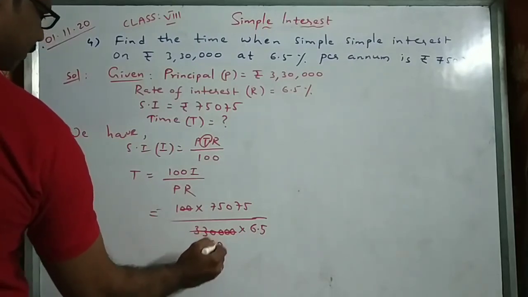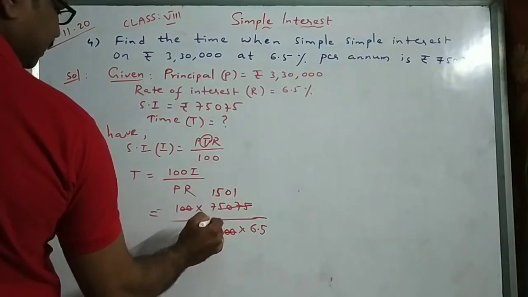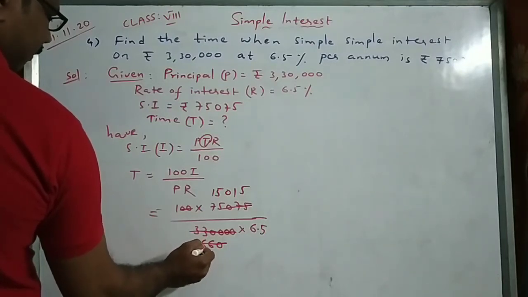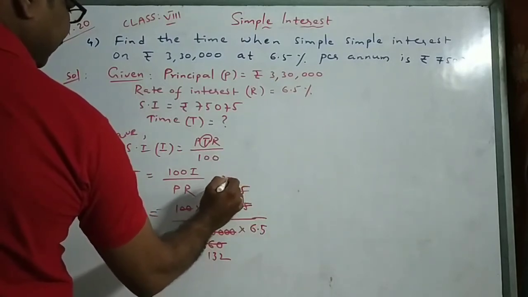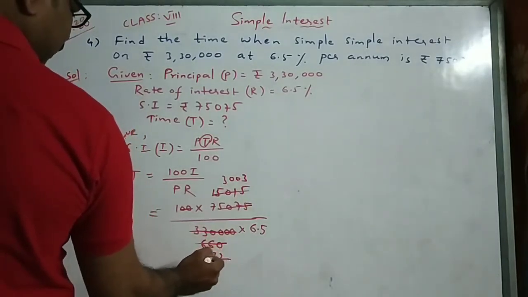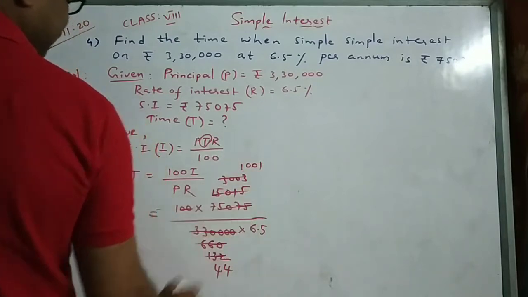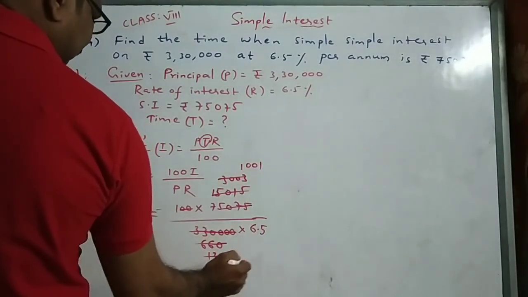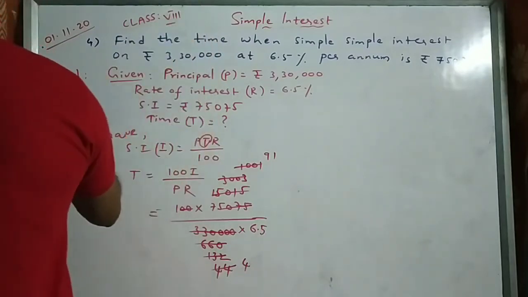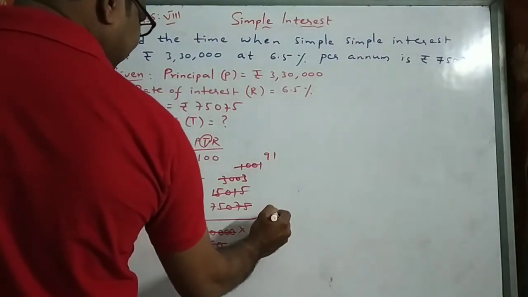Then 5 ones, 5 fives, again 5 ones, 5 fives. 5 threes 15. 3 fours 12, 3 ones. 11 fours are 44, 11 nines are 99, 11 ones are 11. Okay.